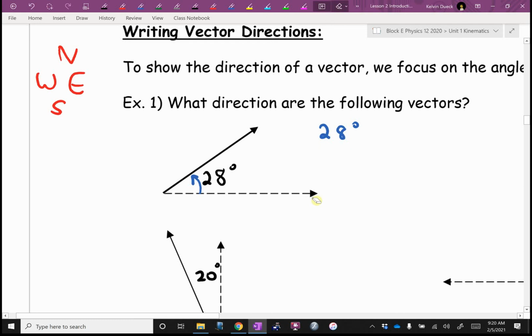What direction is the nice line pointing? Can you all write of east? Leave a space in front of the of. And then, if I start out going east, what direction am I going to hit this slanty line? North or south? That is 28 degrees north of east.